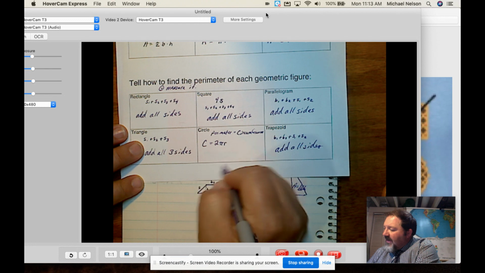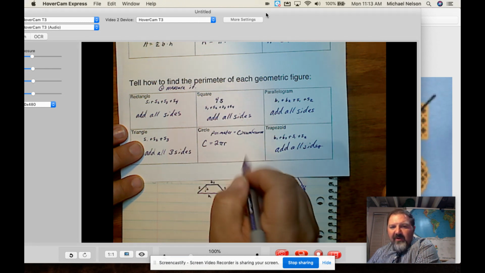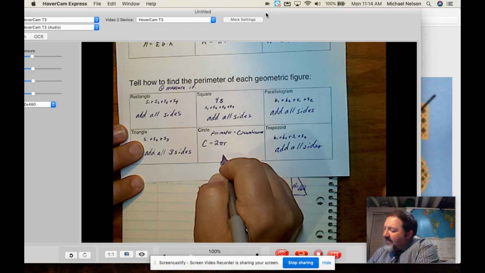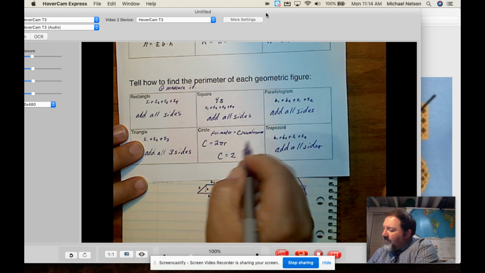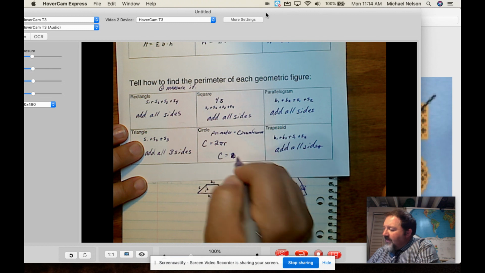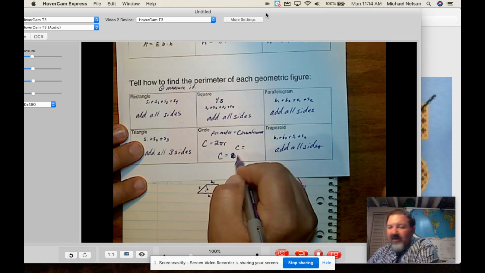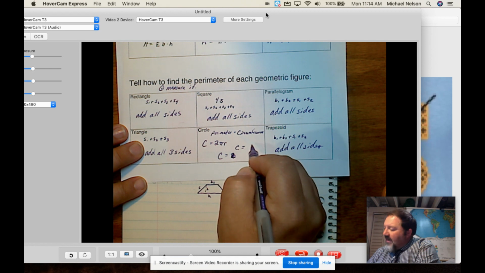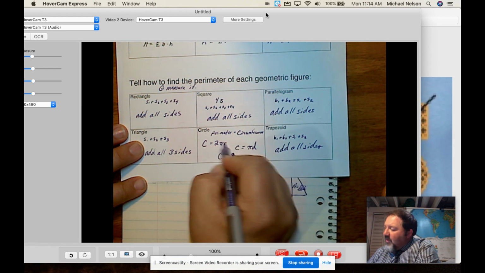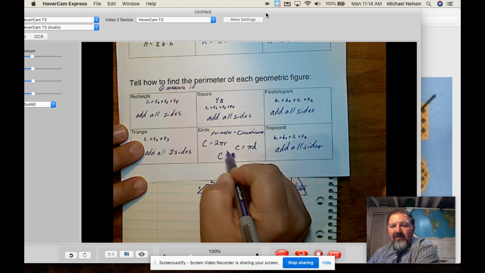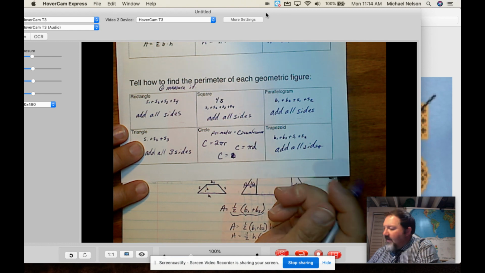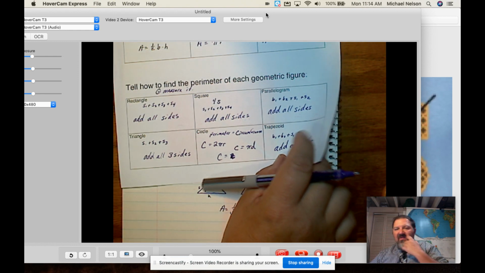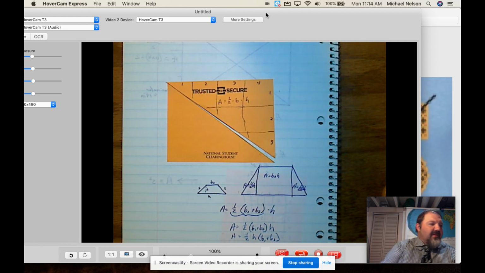Remember, the radius is half of the line through the circle. We'll talk about that more tomorrow. Then that is the same thing as, yeah, that was wrong, I'll have to get some white out and fix that. Your circumference is actually pi times your diameter, because d and 2r are the same thing. Diameter is the same thing as 2 radii. Okay? All right, so that pretty much covers all of the formulas and how they came about.